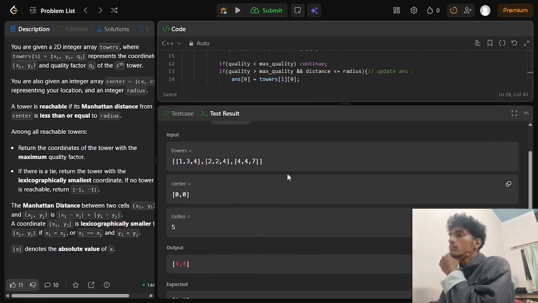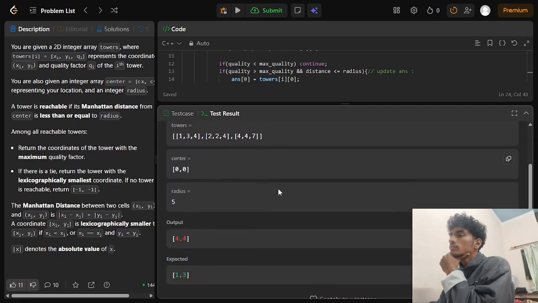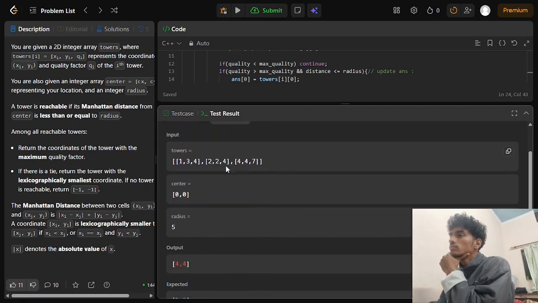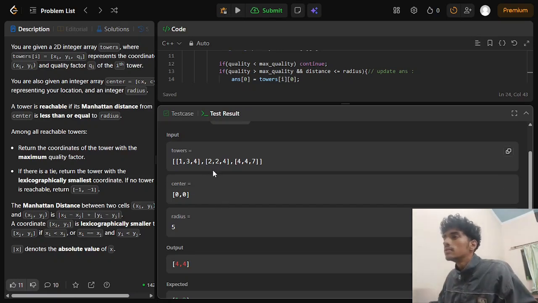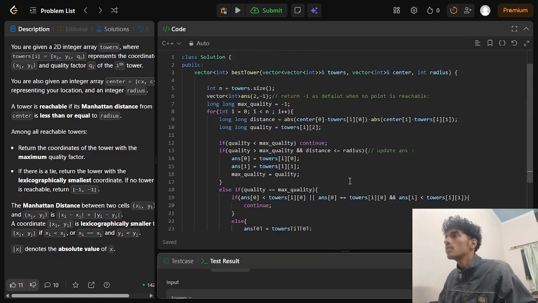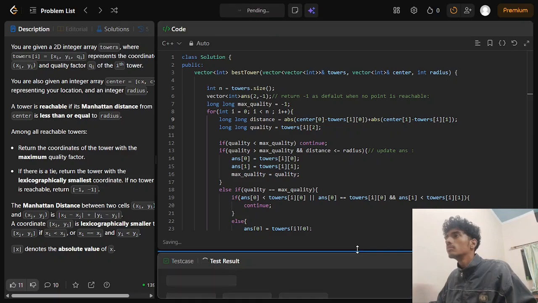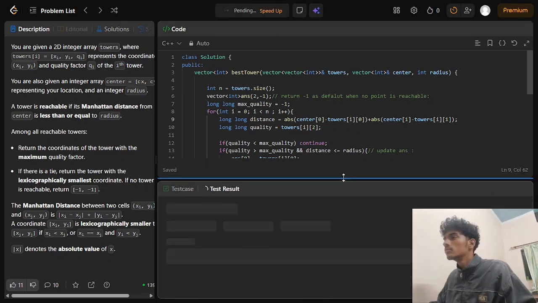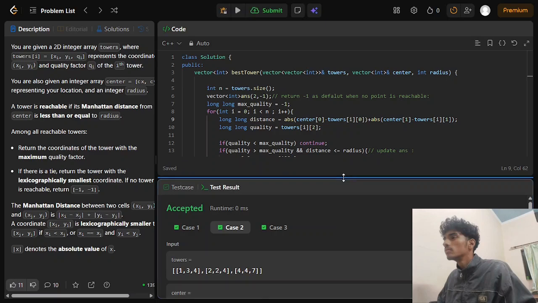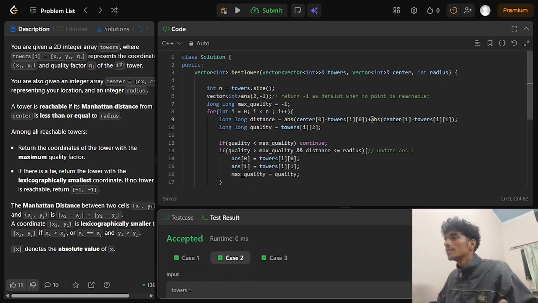Hmm, is for reachable. No, 4 comma 4 is not reachable. Hmm, yes, again we are doing some very silly mistakes.